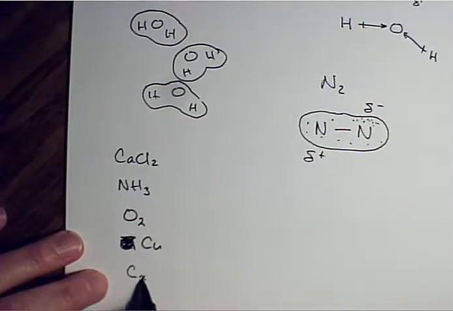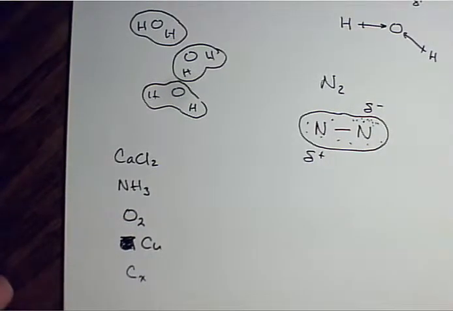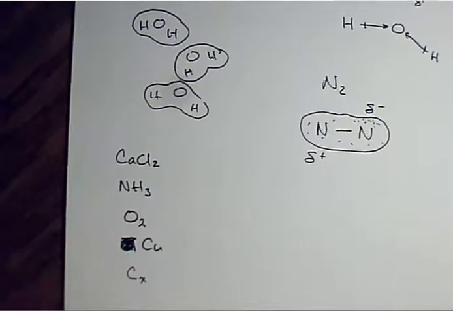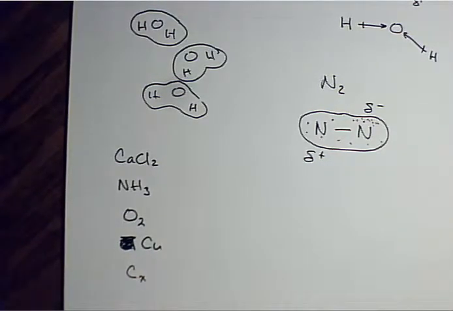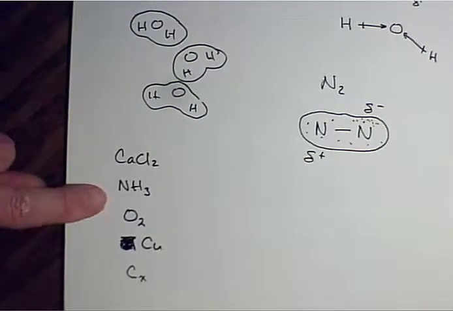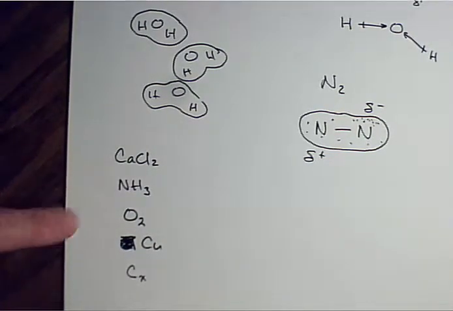Okay? We might symbolize this like this because we don't know how many carbon atoms it is. So that could either represent diamonds or it could represent graphite. So these covalently bonded lattice structures have an even higher average melting temperature than ionic compounds or metals.